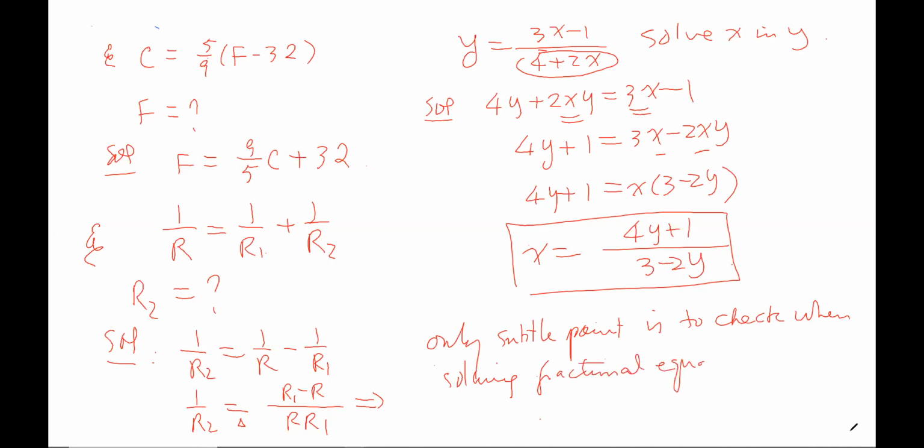Check if the denominator isn't 0. So that's the only subtle point in this section. Key point of this section: you guys should make sure, right? This happens all the time because people always forget it.